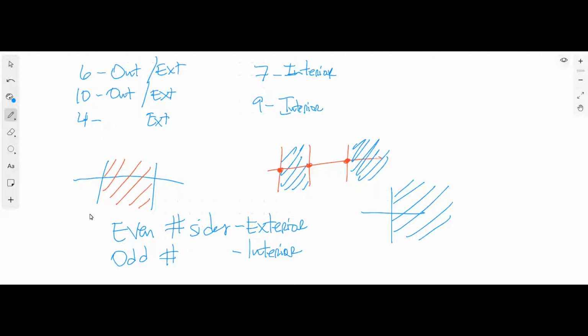A lot of textbooks like to give definitions of concavity that have to do with a figure and all of its interior angles. So like this is an interior angle. Your textbook's definition says that all interior angles must be less than 180 degrees. So every angle is less than 180.